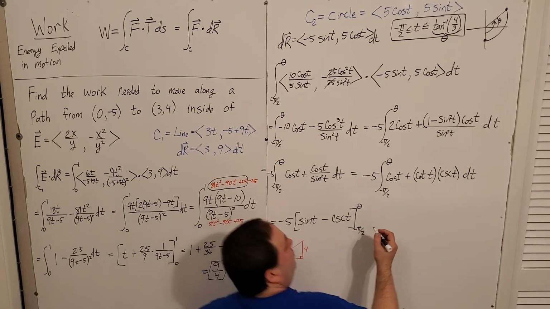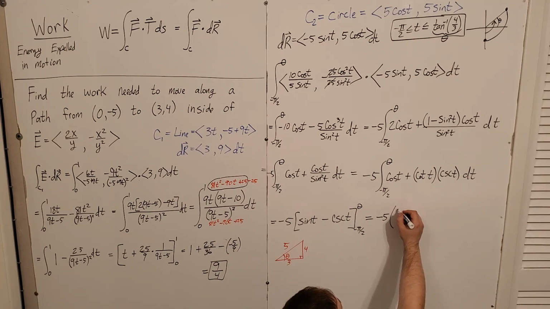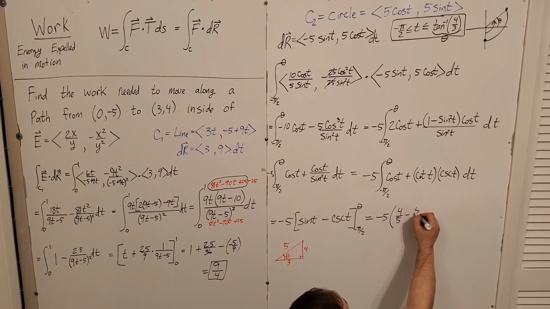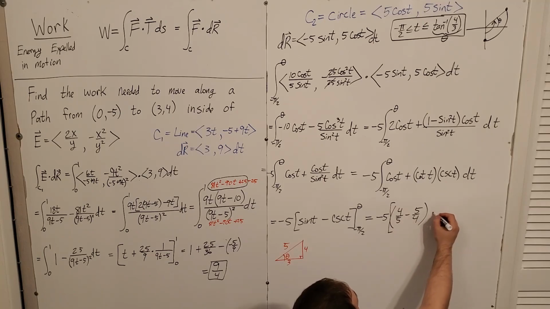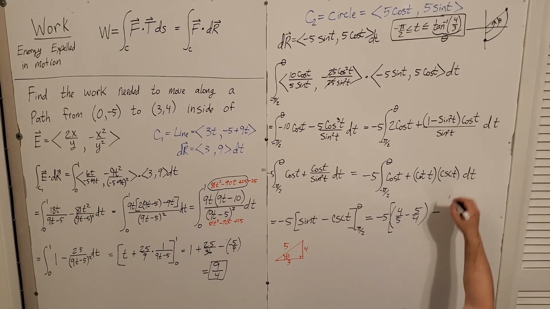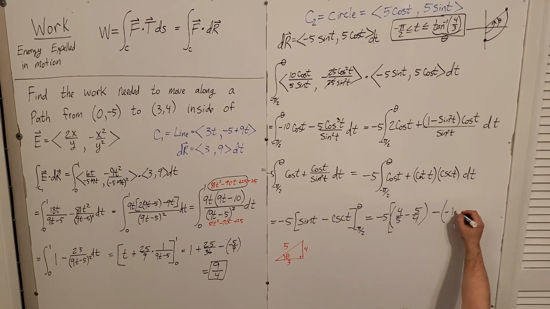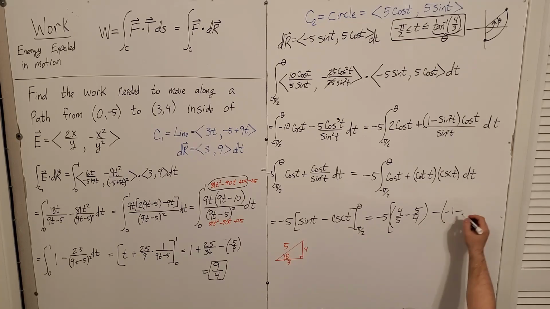Okay, so let's start there. I've got -5 times 4/5 minus 5/4 minus sine of -pi/2 is -1, minus cosecant at -pi/2 is also -1. So +1 with a double negative.